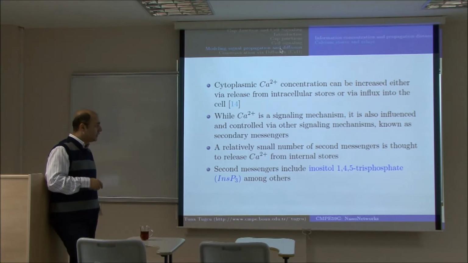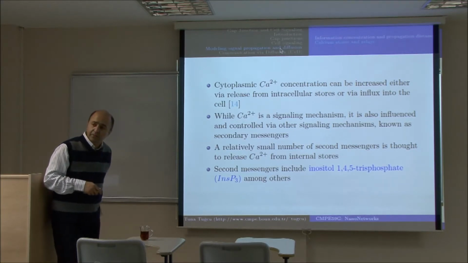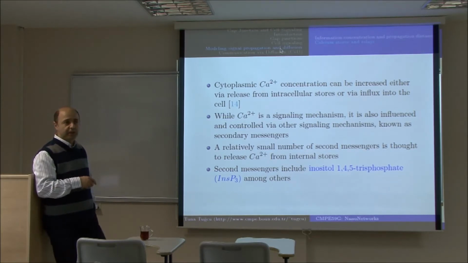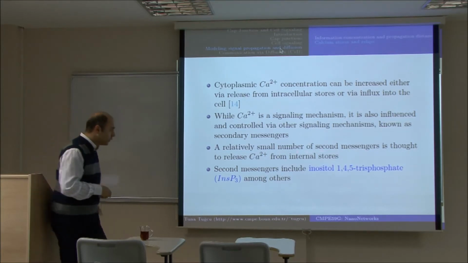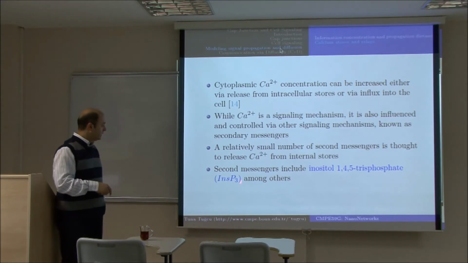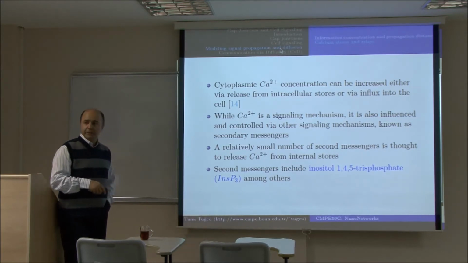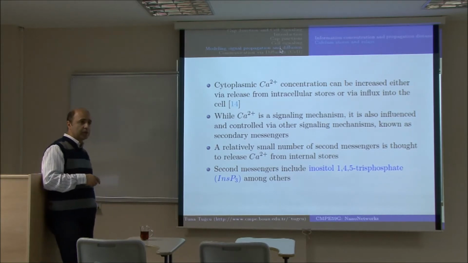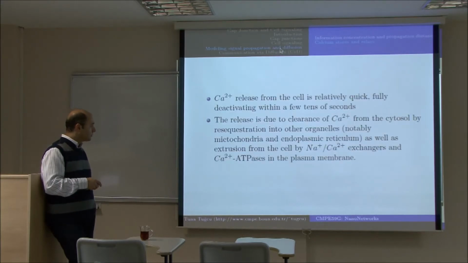For these secondary messenger molecules, there are a limited number of different types, but the most well-known one is inositol triphosphate, shortened as INSP3, or a shorter form, IP3, which I will generally use. So we'll be focusing on that, but just know that there are also alternative secondary messenger molecules.